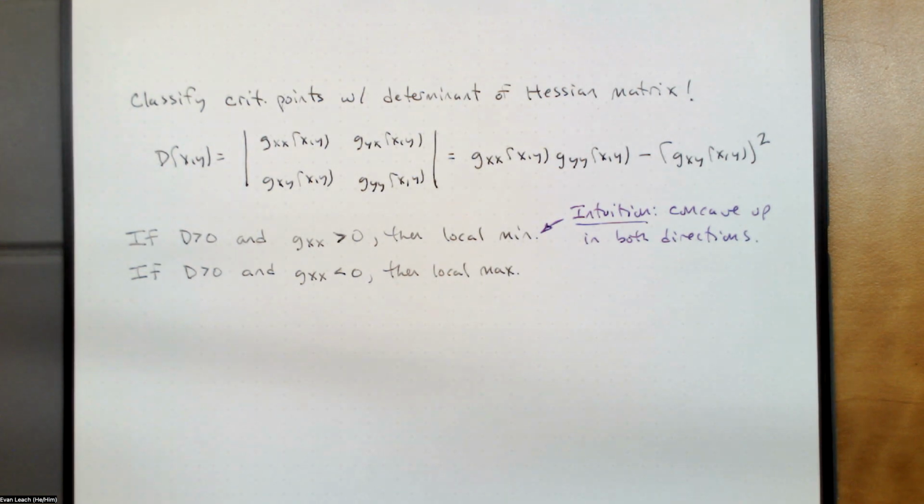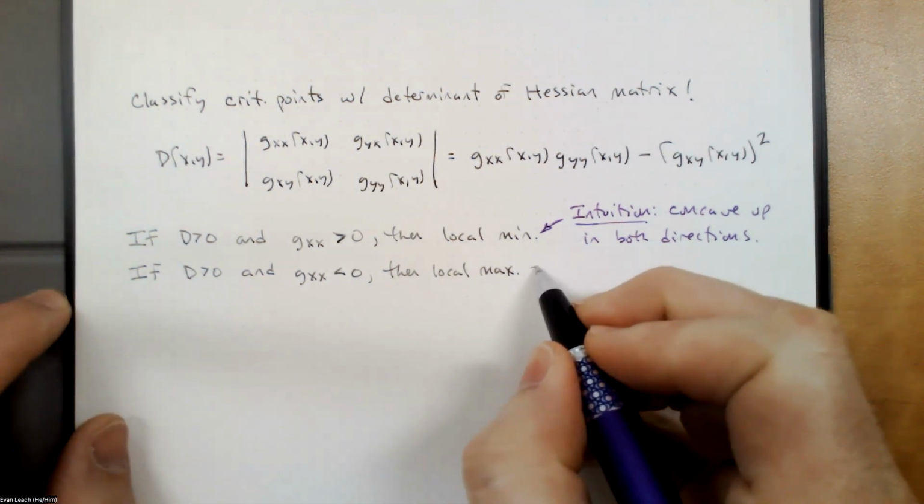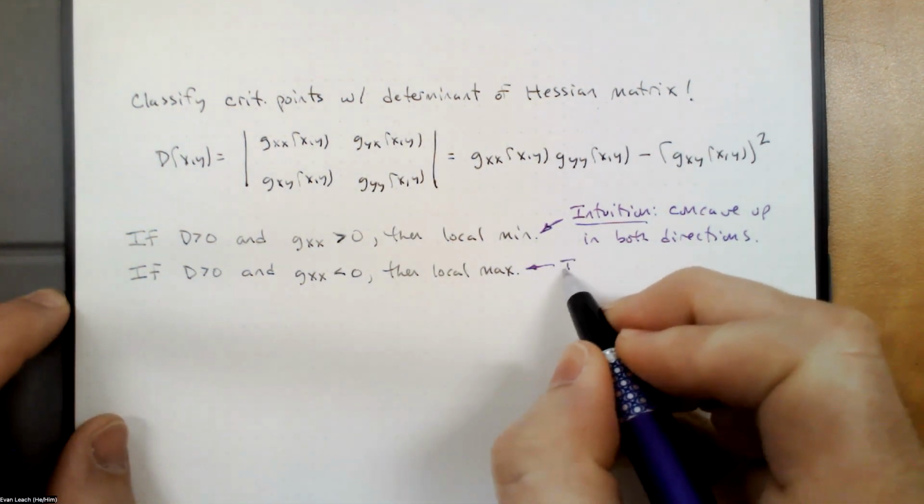This is the same intuition that we had before. Concave down, because gxx is negative. We're thinking concave down in both directions, telling us local maximum. So our intuition is the same, just the other direction.